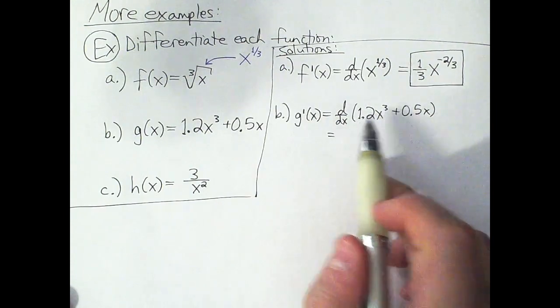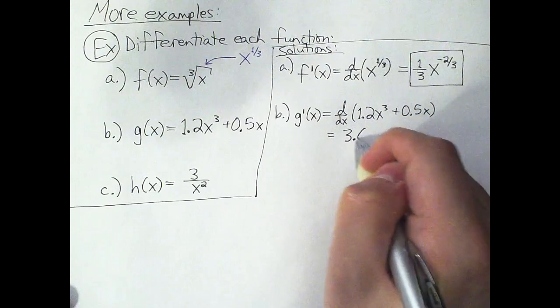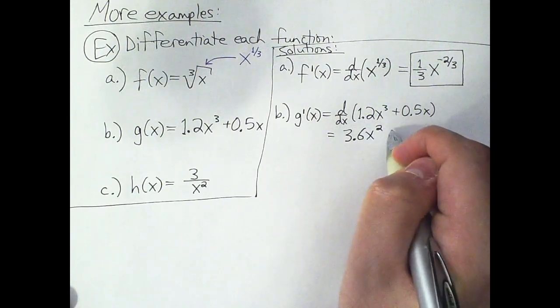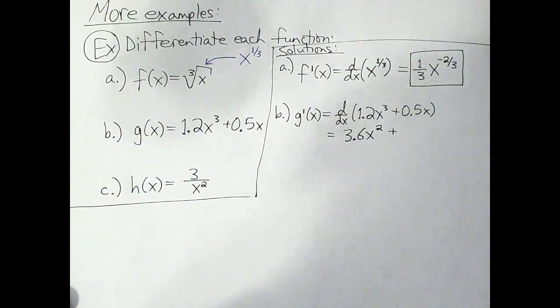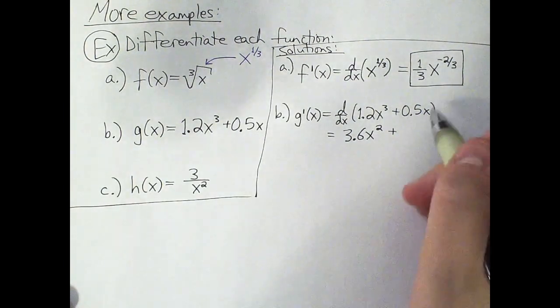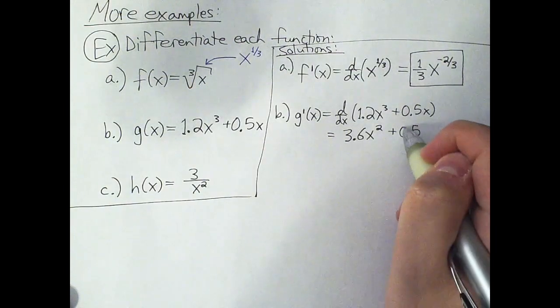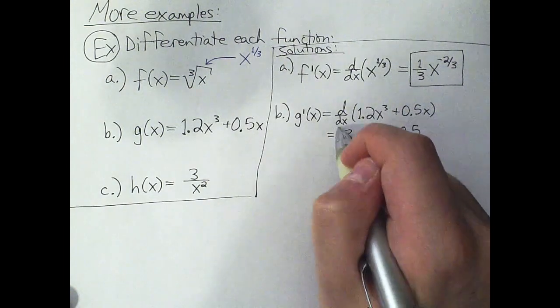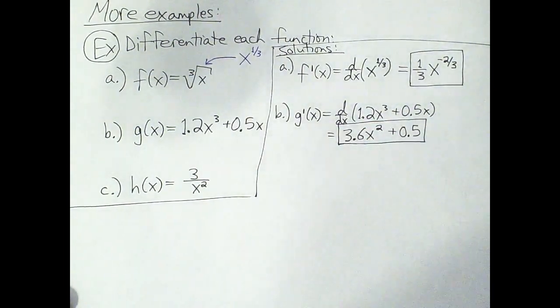Okay, so the 3 is going to come down and get multiplied by the 1.2 that's already there. It's going to give me 3.6x squared. And then the 0.5x, I know that the derivative of x is just 1, and the 0.5 stays there to give me 0.5 times 1, which is just 0.5. So like that.